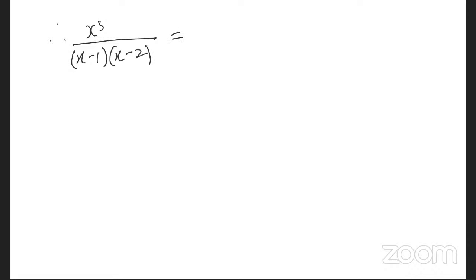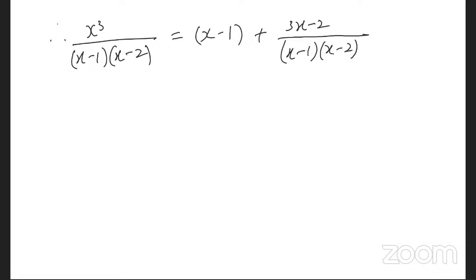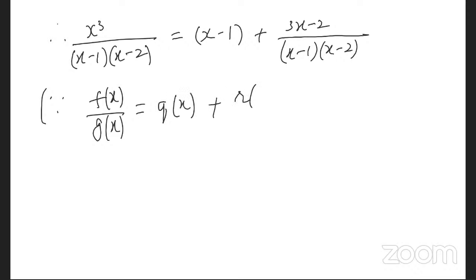So this can be written as x minus 1 plus (3x minus 2) divided by (x minus 1) into (x minus 2), since f of x by g of x is equal to q of x plus r of x by g of x.